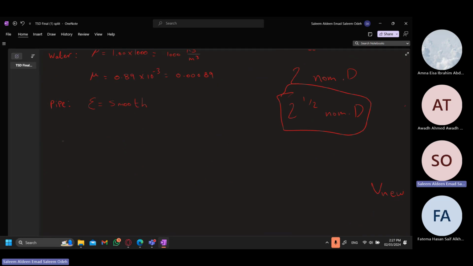In order for us to find the friction factor, we need to find Reynolds number, which is calculated as rho VD over mu. Now we have the density, the velocity, the diameter of the pipe, and the viscosity.